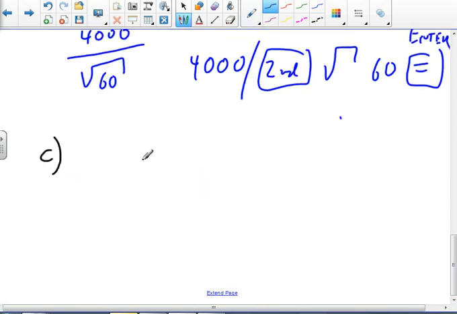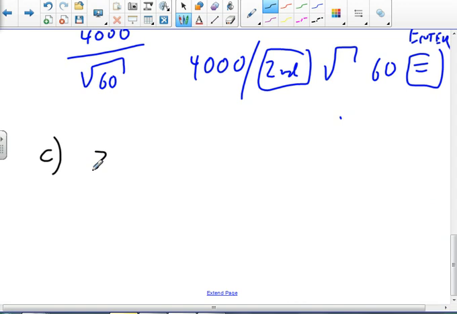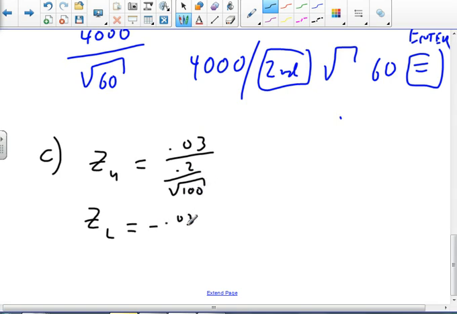C. We're going to do a sample size of 100. Okay, so I'm going to take my upper Z, my lower Z, 0.03 divided by 0.2 divided by square root of 100, minus 0.03 divided by 0.2 divided by square root of 100.